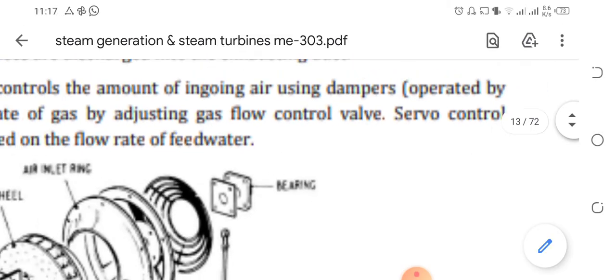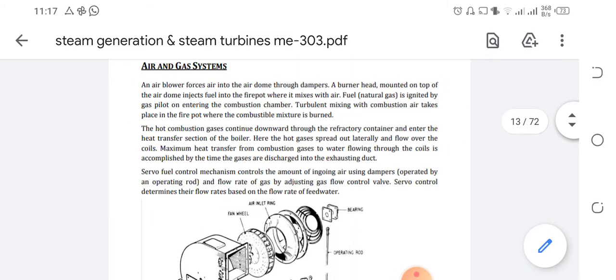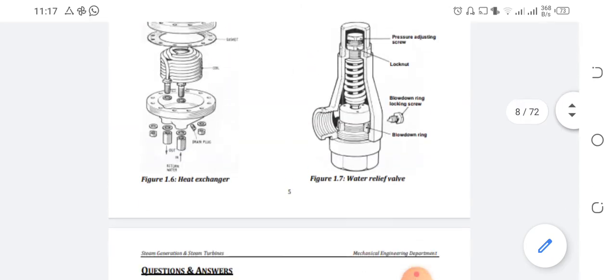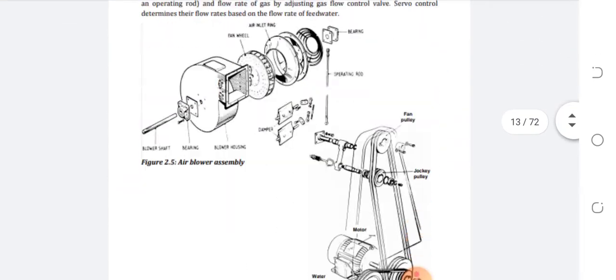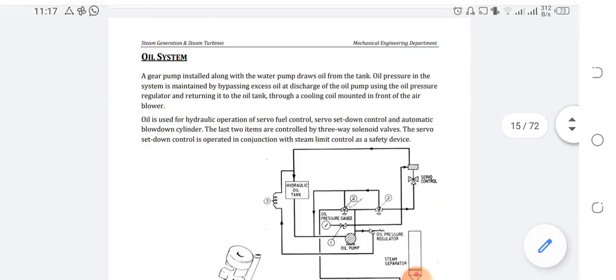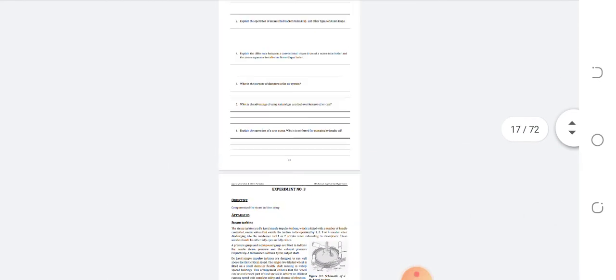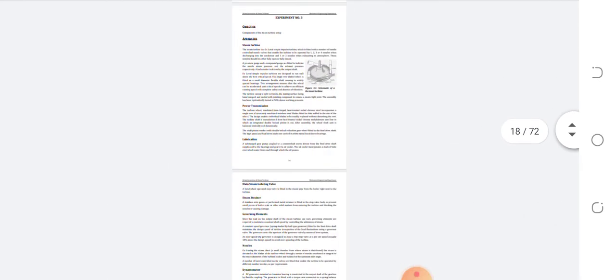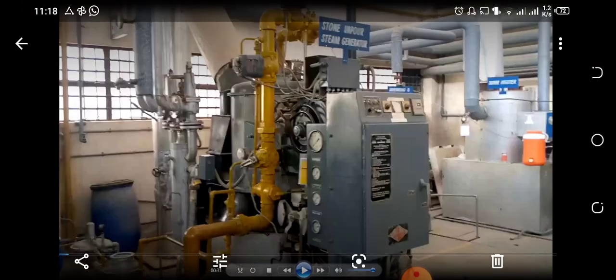Anyway, I hope I have covered experiments number 1 and 2 in detail, but you have to read the whole theory of experiment number 2 in order to solve all the questions and answers in this experiment. Now this is all about experiment number 1 and 2, and all the boiler things.